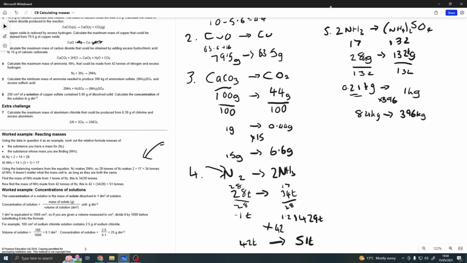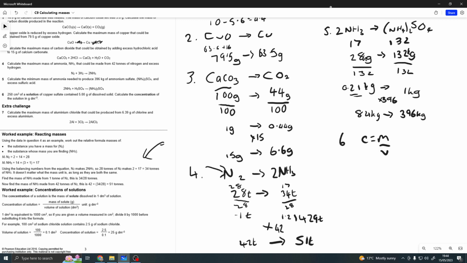Now, 6 says 250 centimeters cubed of a solution of copper sulfate containing 5 grams of dissolved solid. Calculate the concentration of the solution in grams per decimeter cubed. Now, for this, we need C equals M over V. We've got to remember as well, though, that V has to be in decimeters cubed.